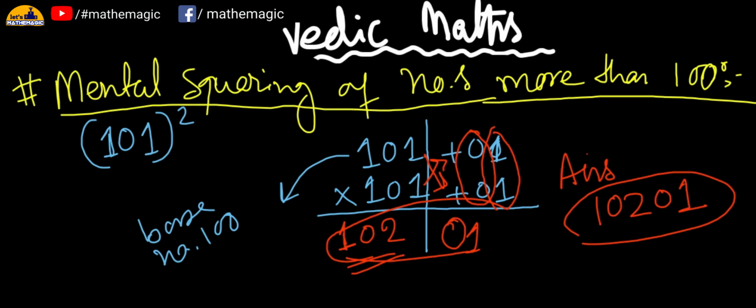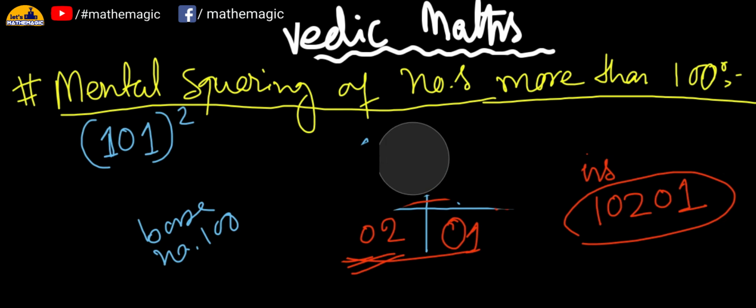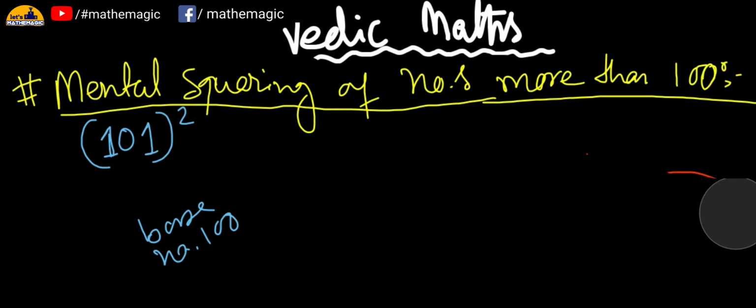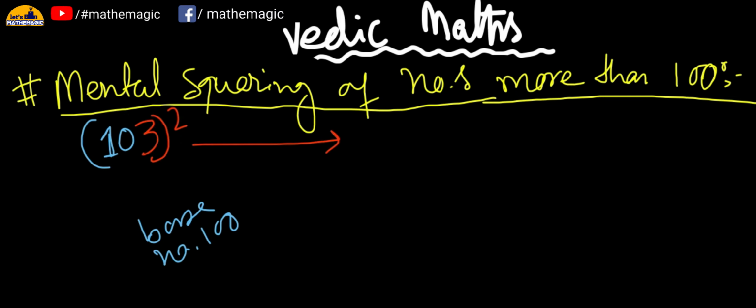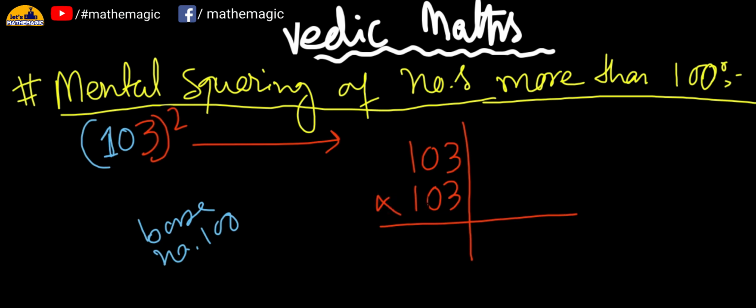So let me try with 103. Let me rub the screen quickly. When I am going to find out the square of 103, I have to write it in the vertical way, like 103 into 103. 103 is greater than the closer base 100 by 03.